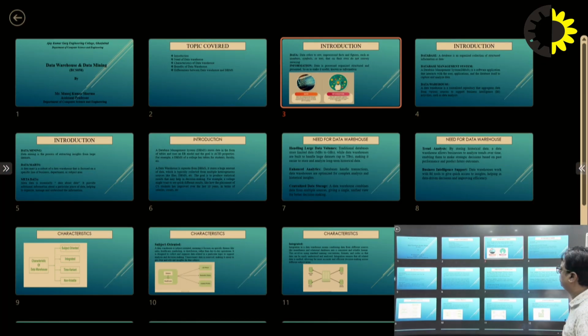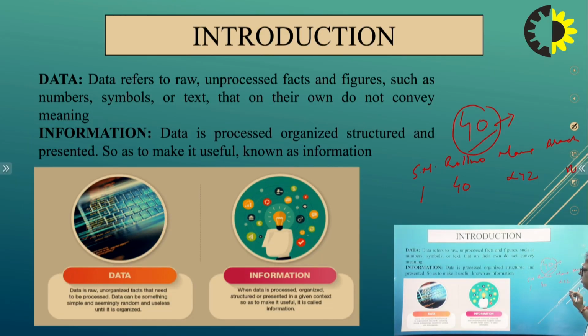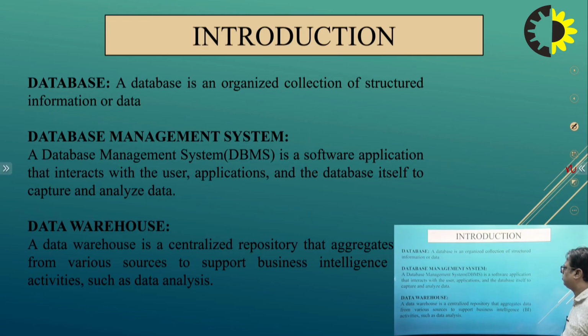So there is a meaning of 40: name is XYZ, roll number is 40 and branch is CSE. So data is raw facts and figures, there is no meaning in data alone. And second is information. Processed data that is organized, structured, presented and meaningful is known as information.